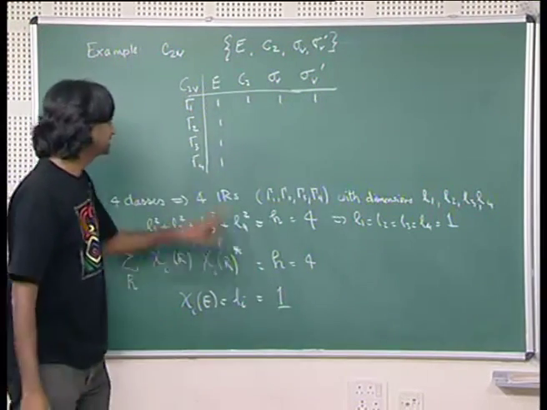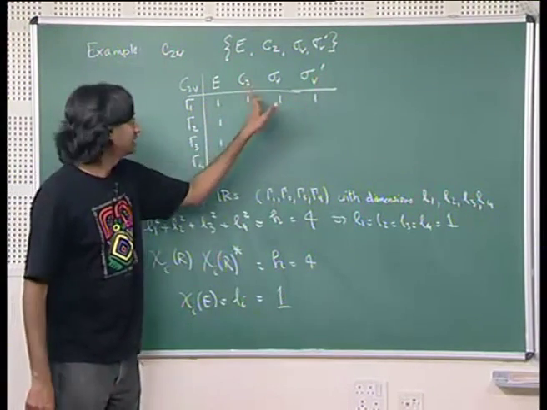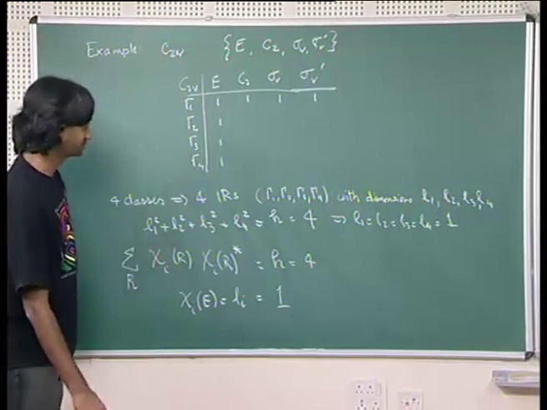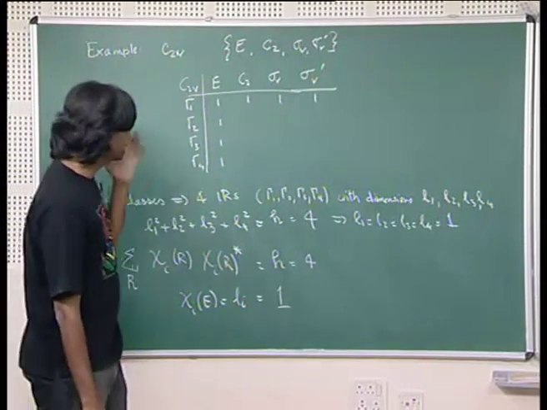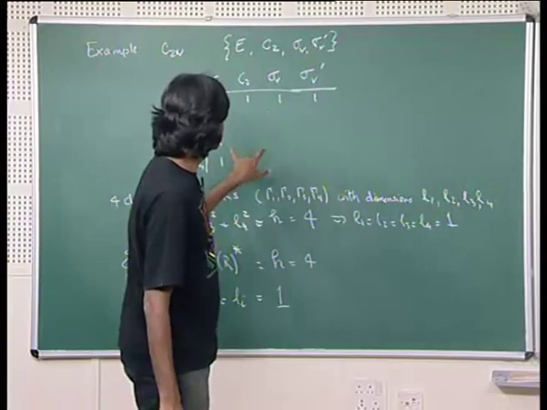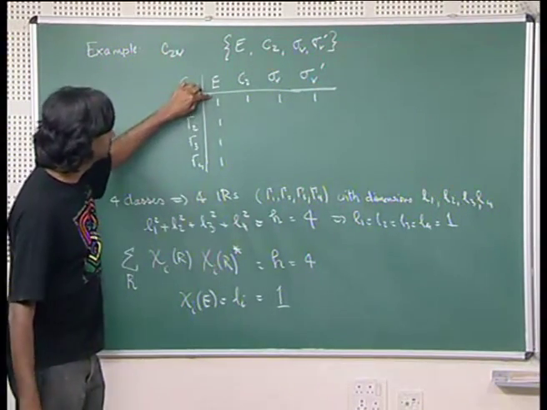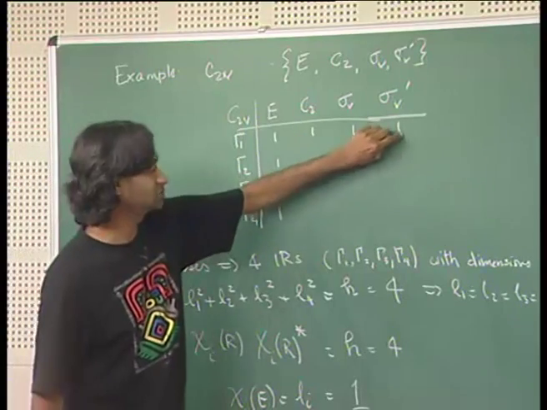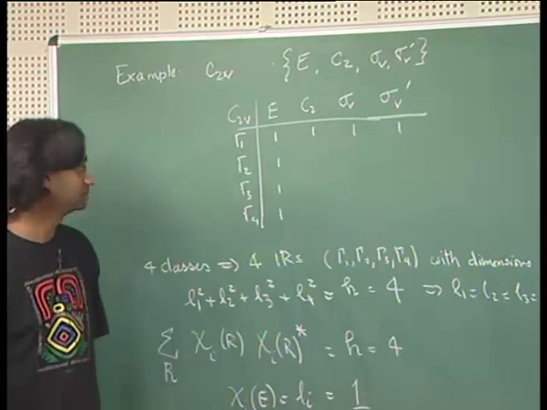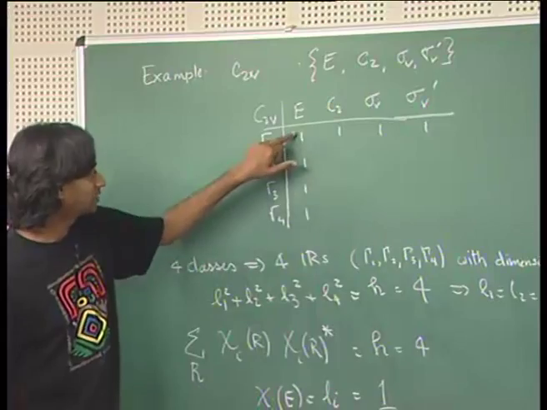We had already seen that each of these can be represented by 1, then the products are preserved. Now, the other representations should be such that if I multiply these two and add all of them up, I should get 0. I already have 1 here.